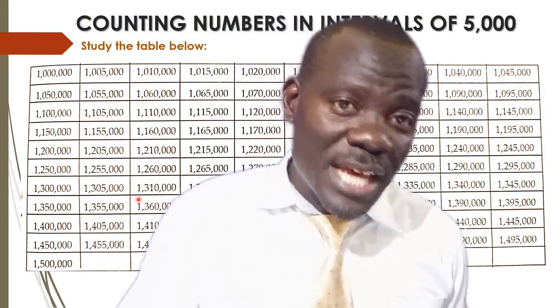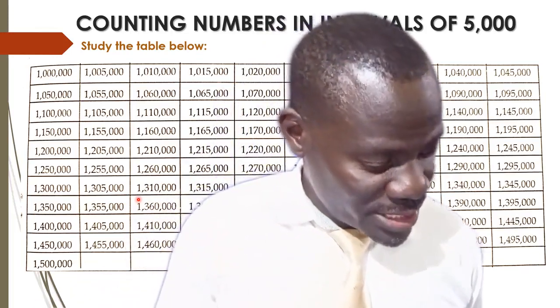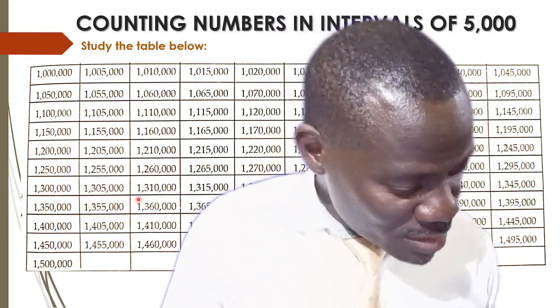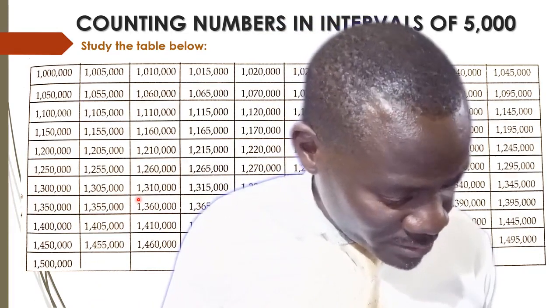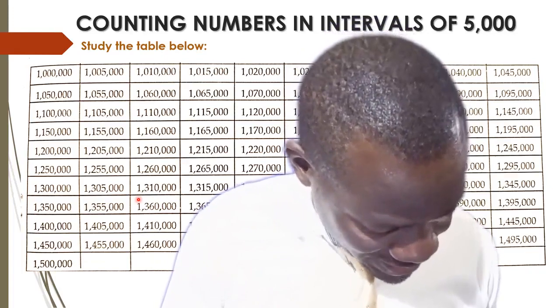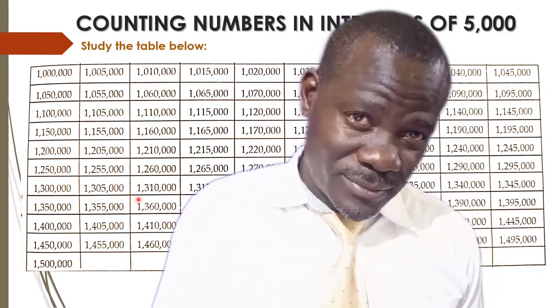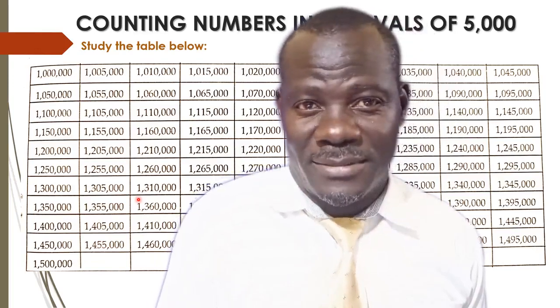So the first thing is, as usual, let us find the clue. Are the numbers adding or are they being reduced? In the first place, the first one is 1,495,000. The second one is 1,490,000. Are they reducing or adding?